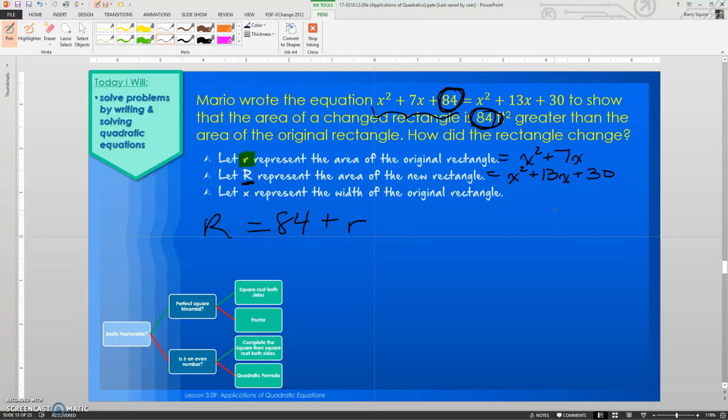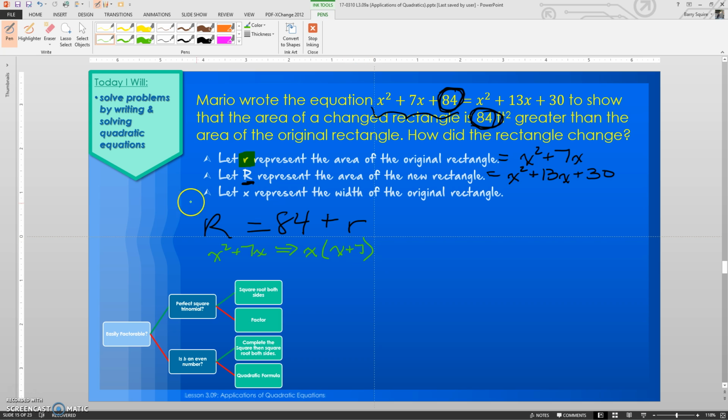Now, one of the things that we do with quadratics all the time is we like to factor them, because we'd like to see what the pieces are that make this up. So let's start with the original rectangle. And that area was x squared plus 7x. Well, these two terms have a common factor of x. So let's factor that out, and we get x times x plus 7.